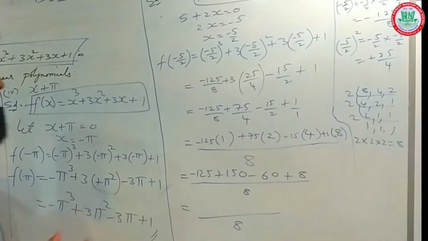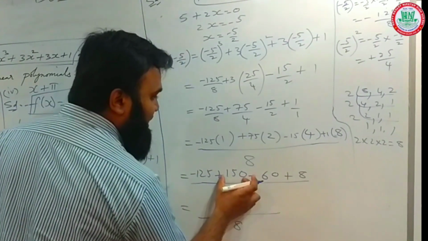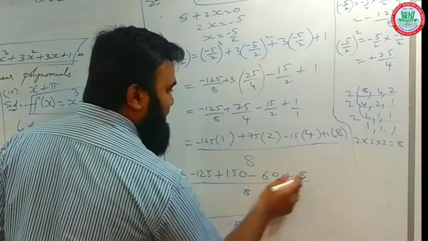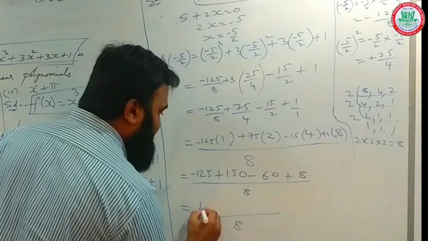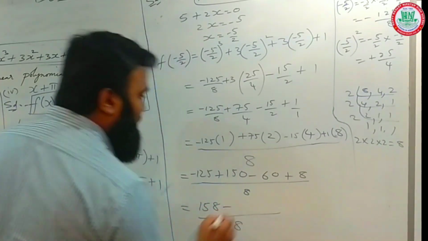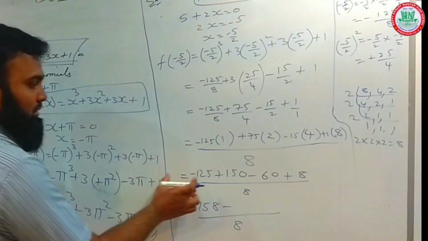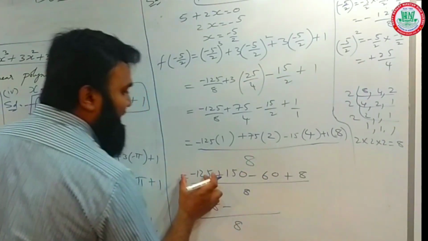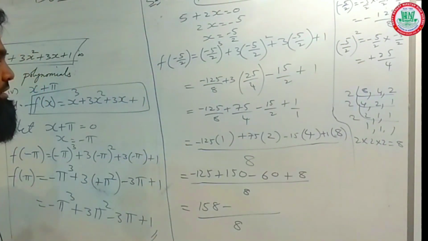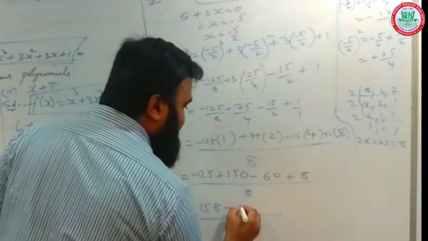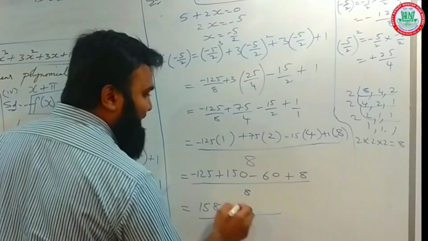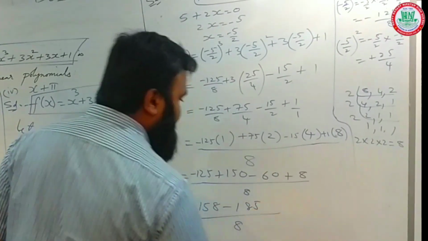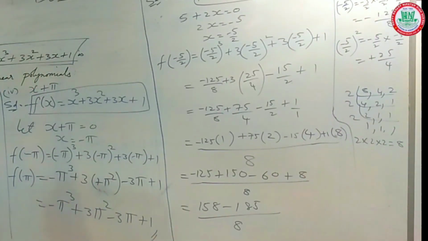Now we have to add the plus sign numbers. 150 plus 8, how much? 158. Now add the minus sign numbers, minus 125 minus 60, we will get minus 185.